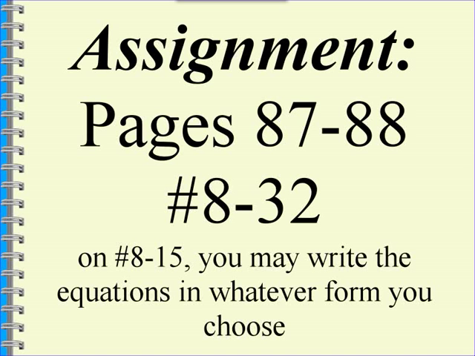Now here is a little change in directions on number 8 through 15. On numbers 8 through 15, you may write the equations in whatever form you choose. So they tell you to write them in slope-intercept form. I am saying you can write them in whatever form you want. And so let's go ahead and look at page 87, just so that you understand what I mean.